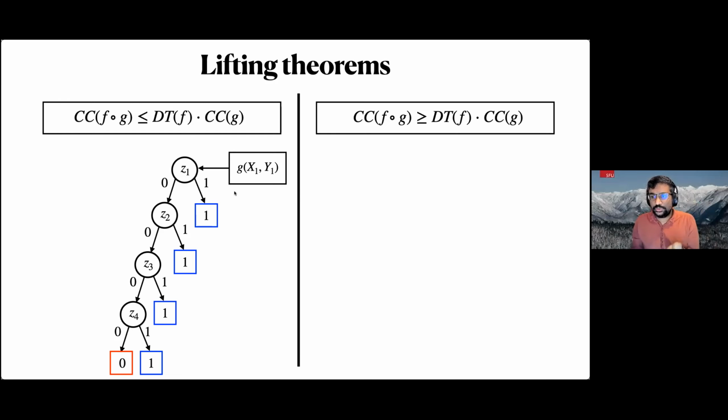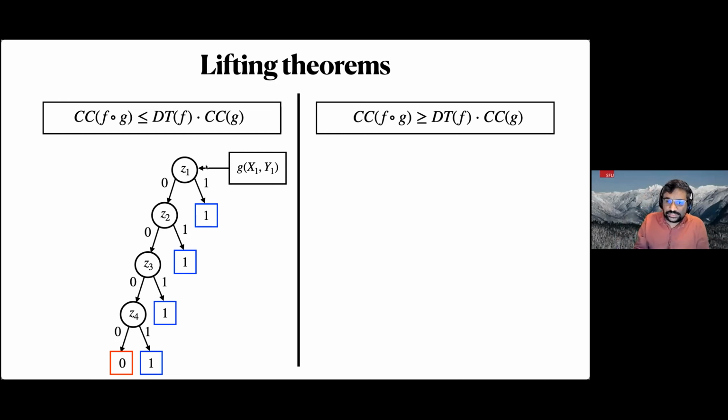Once they know the answer, they know which path on the tree to take. They do this simulation until they reach the leaf of the tree. So this shows that the communication complexity is the depth of this tree times the cost of computing g, which is the communication complexity of g.